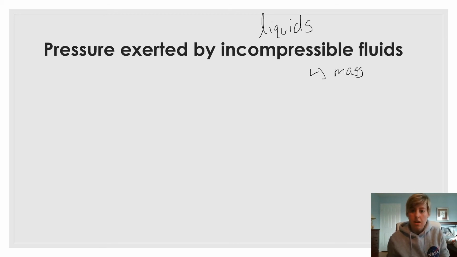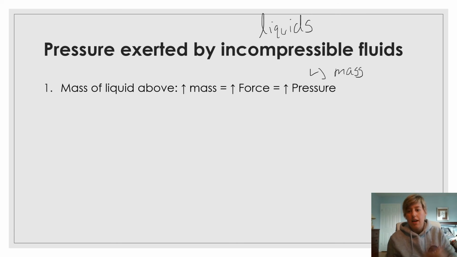If my fluid is incompressible, that means the volume is kept constant. And there's two factors. The first has to do with the mass of the liquid that is above. So if I have a large amount of liquid on top of whatever object it is, well, the more liquid I have, the greater the mass of that liquid. So that means I'm applying a higher force, leading to a higher pressure.